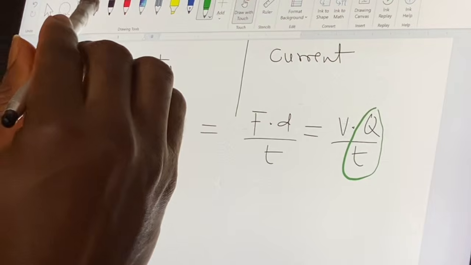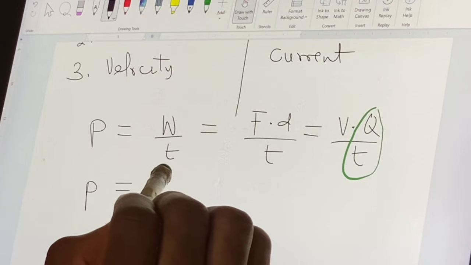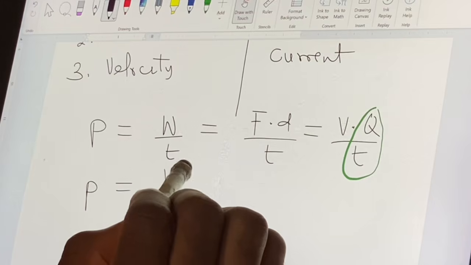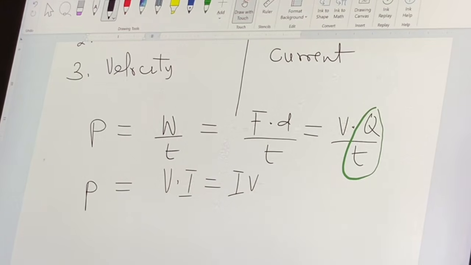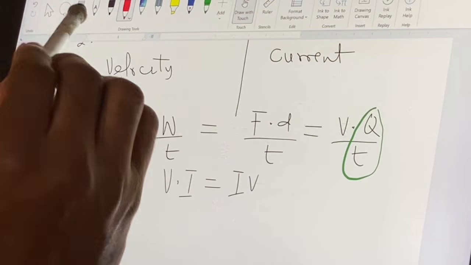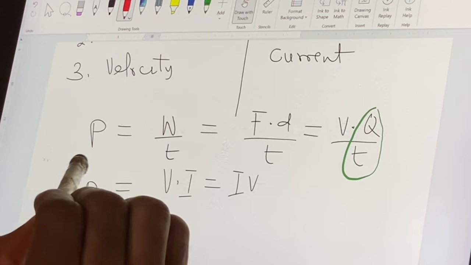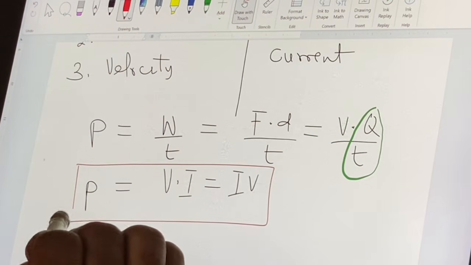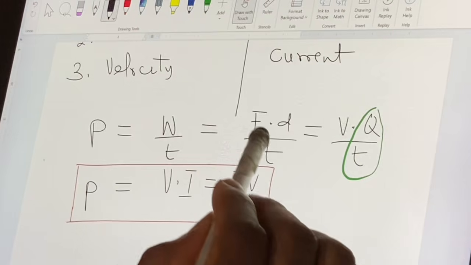Now at this point we have P is equal to V times I, which is the same thing as IV. This is the formula for electrical power. Please take note of that, related to current and voltage. We also have other formulas, but this is the fundamental formula.